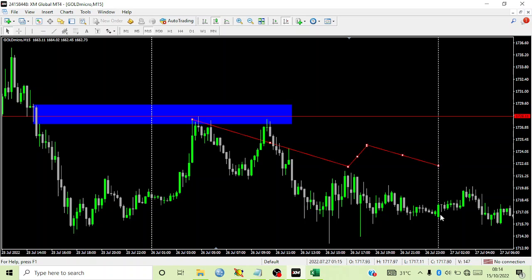Instead of closing down here below the open, it might have closed only above the open and is green, right? Yet it is still a bearish day. So what I'm saying is that if you have got a good price at which you are selling, it doesn't matter if the market closes bullish or bearish, you'll still be in profit.